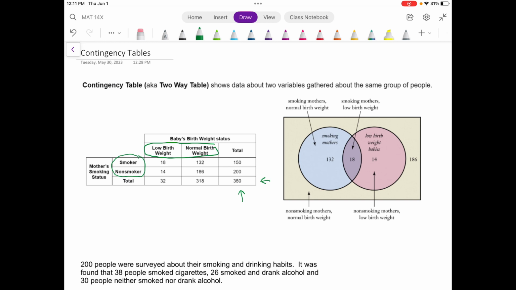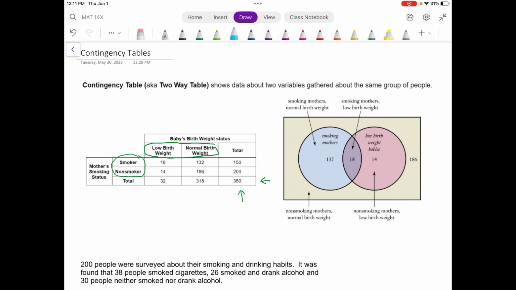It's a built-in check. Now, what we're going to be doing with two-way tables in this lesson is thinking about the relationship to Venn diagrams and back. So this two-way table has been turned into the Venn diagram on the right here. And the blue circle represents smoking mothers.